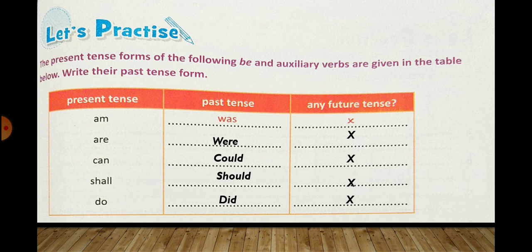So am is present, past is was, are is present, past is were, can is present, could is past, shall is present, should is past, and do is present, and did is past. So these are the forms of the auxiliary verbs, and there are no future tense verbs.